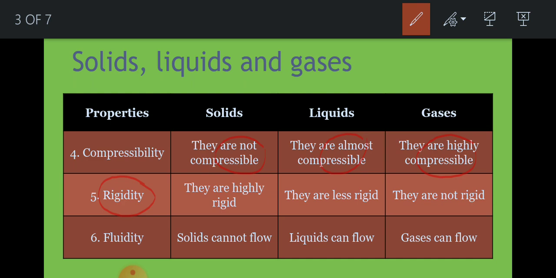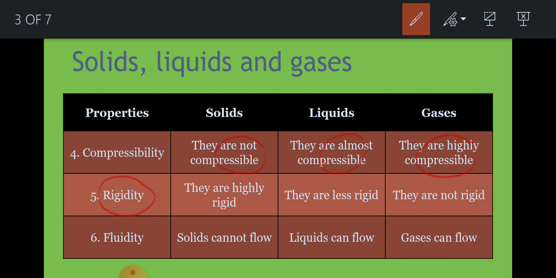But in case of liquids, we see that they have larger intermolecular spaces compared to solids, so they can move. And in case of gases, the intermolecular spaces are largest, and that's why they can move freely and are always in continuous random motion.